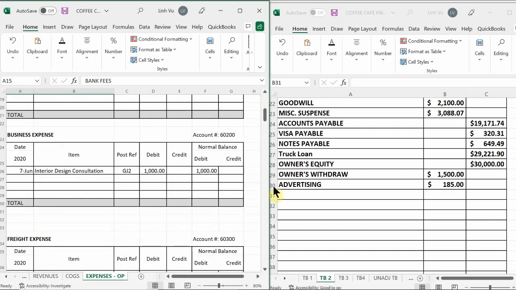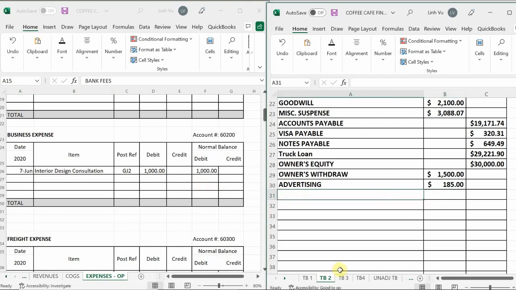No. What about business expenses? The consulting fee, $1,000, for the consultation fee.